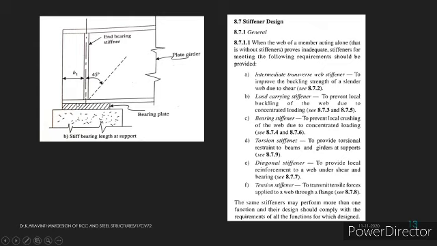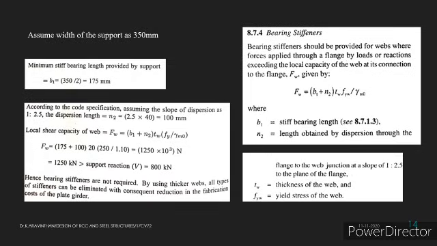It will be distributed, so the angle of distribution is assumed as 1:2.5. So the thickness of the web is 40, and if the ratio we are taking is 2.5, multiplying 2.5 into 40 will be 100 mm.